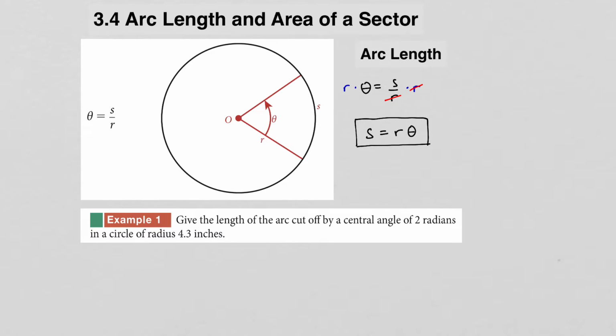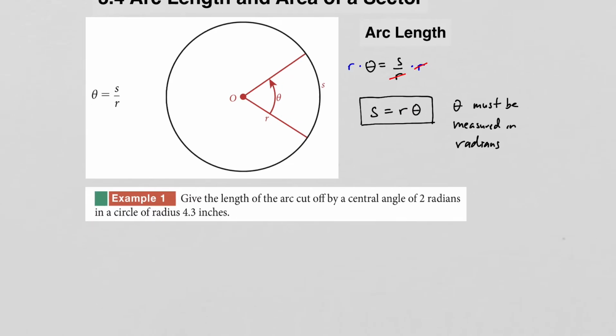The key point here, though, is theta must be measured in radians. So if you're finding an arc length and you only know theta in degrees, you have to convert it to radians before you use this formula.